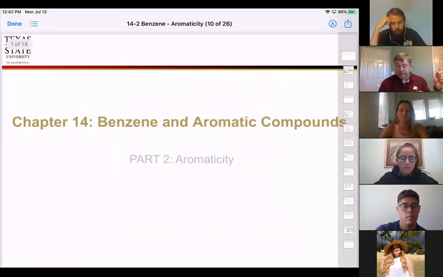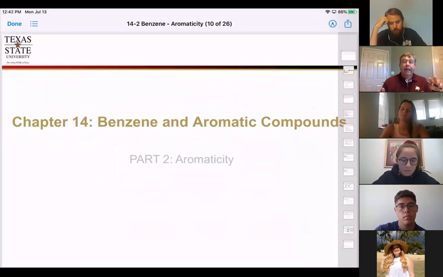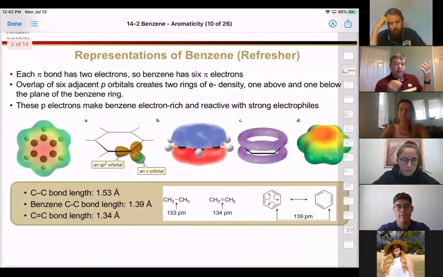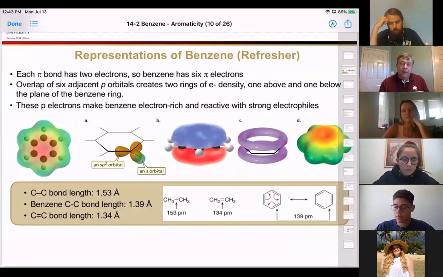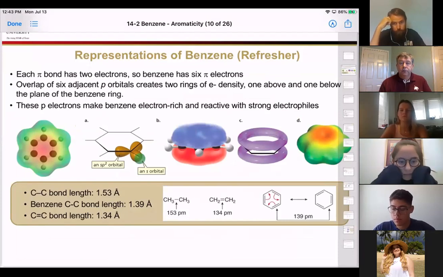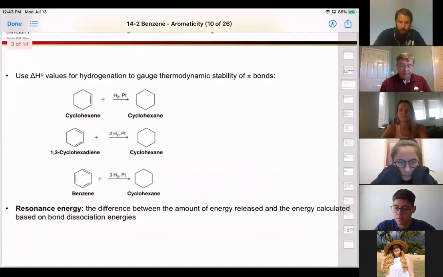Okay, so let's move on to aromaticity and what it means, okay? So one of the things we need to remember is that this is an sp2 hybridized carbon bonded to other sp2 hybridized carbons, and we have that pi cloud above and below the plane created by all of those sp2 hybridized carbons, okay?